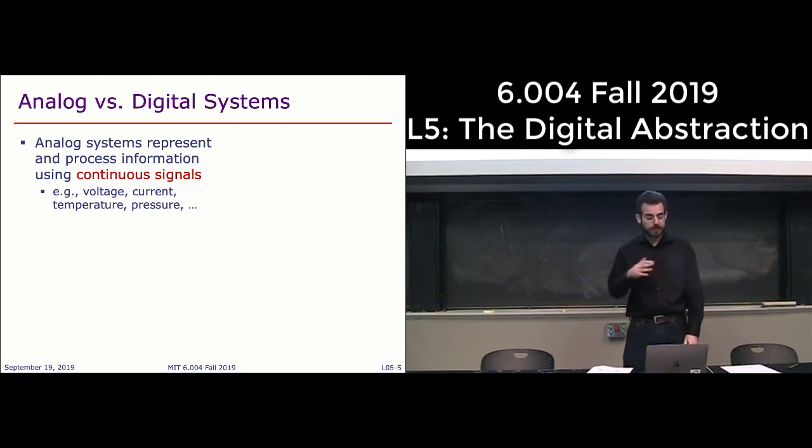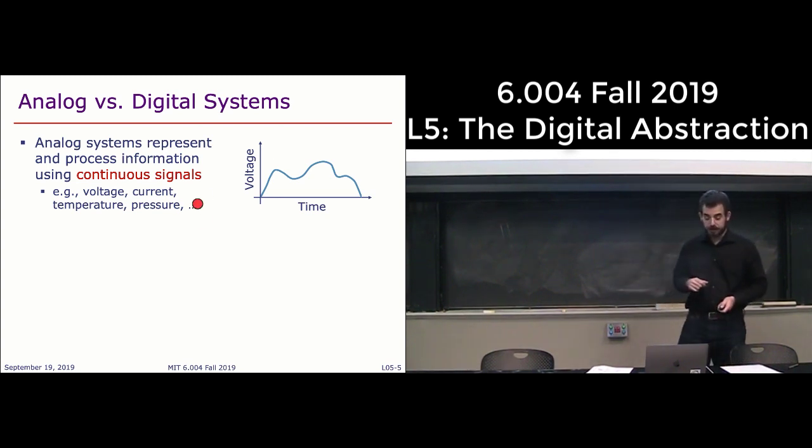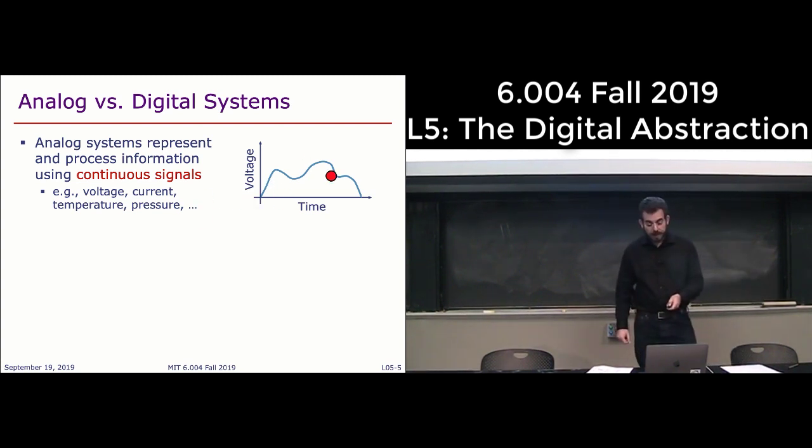So for example, this can be in general voltage, current, temperature, pressure, some physical quantity. And in this course, we're going to use voltages because guess what? Voltages are extremely efficient to generate and transform with electronic devices. And so you could represent information as a continuous voltage waveform that changes over time, right?